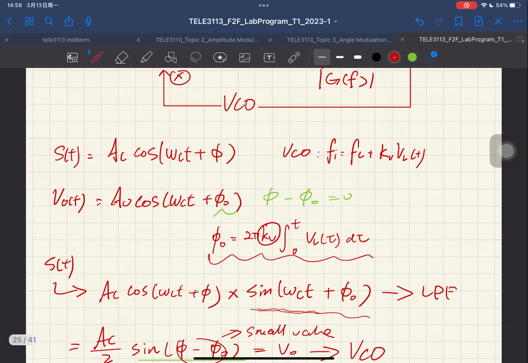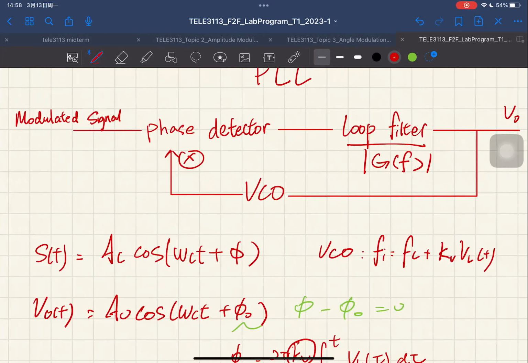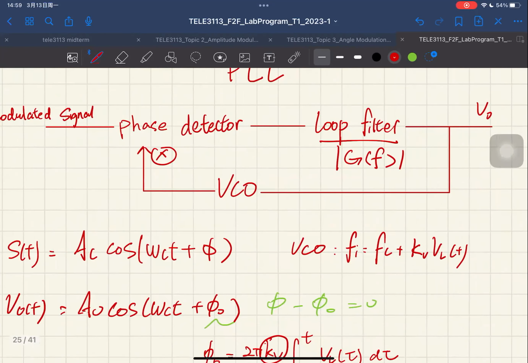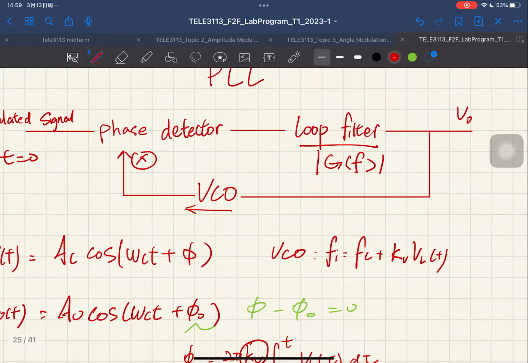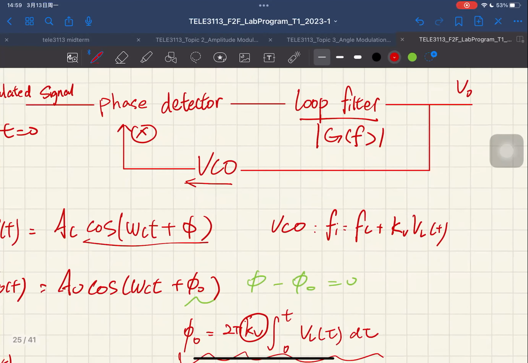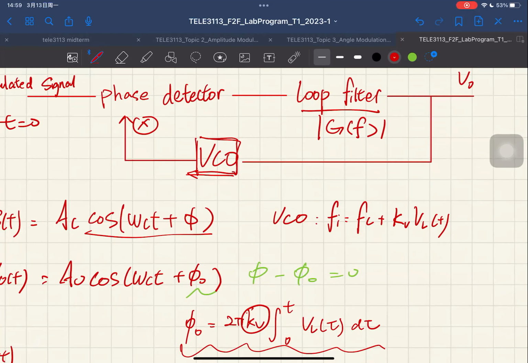So what does the loop filter do again? Essentially, your modulated signal is just s(t), and we assume it has a phase error. At t equal to 0, your signal goes through this phase shifter, the phase detector, and the loop filter, and then this signal is modulated by the voltage controlled oscillator.